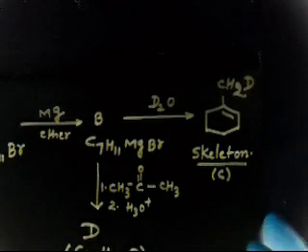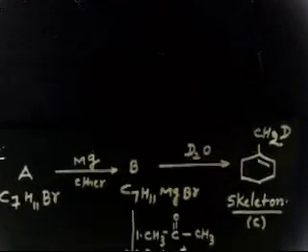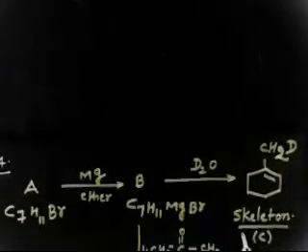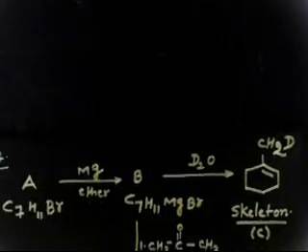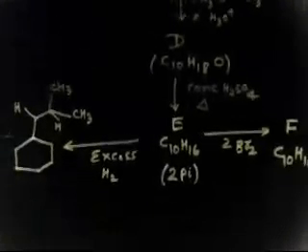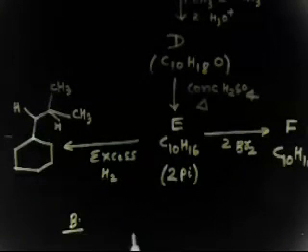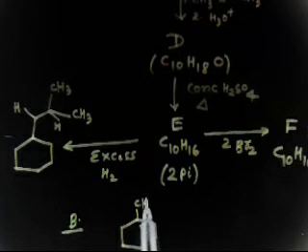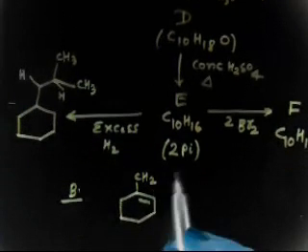So our structure for B should be, because I should have only minus here, so let me write B. B should be something like this, CH2MgBr.